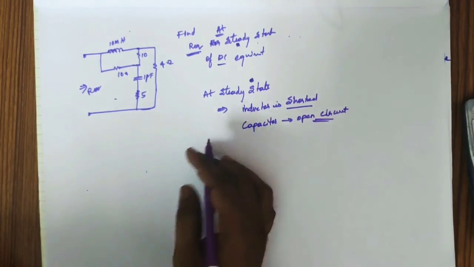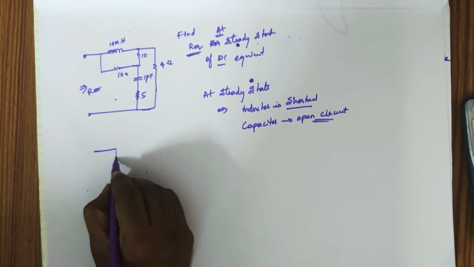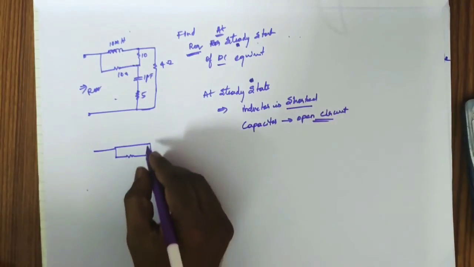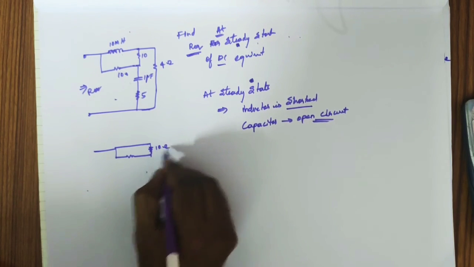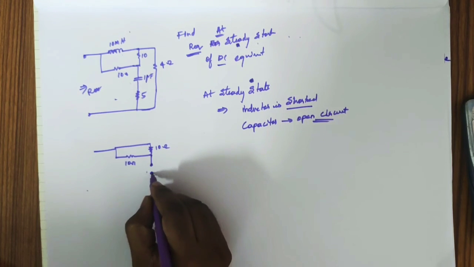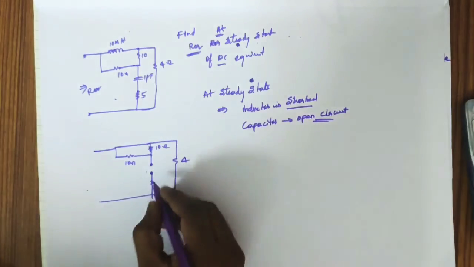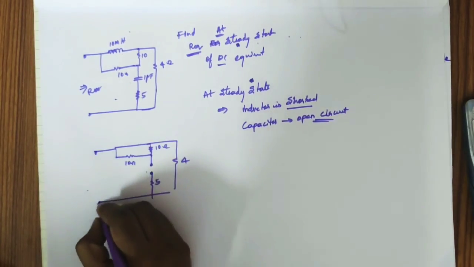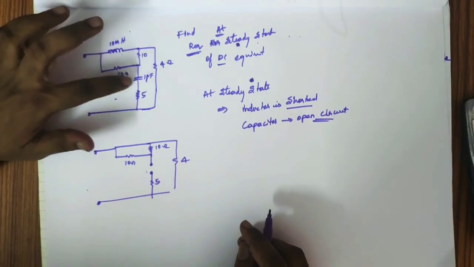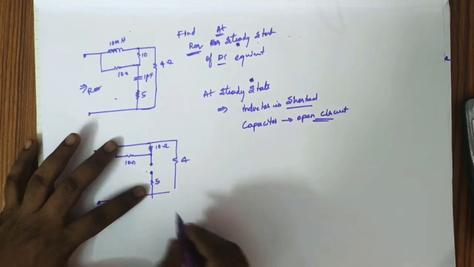So wherever you see inductors, you replace them with a short circuit wire. So this inductor is replaced by a short circuit, and this capacitor is replaced by an open circuit. So we converted this circuit to an equivalent DC circuit. That is steady state. At steady state, the inductor behaves as a short circuit and the capacitor behaves as an open circuit. So after replacing these two, we got this circuit.